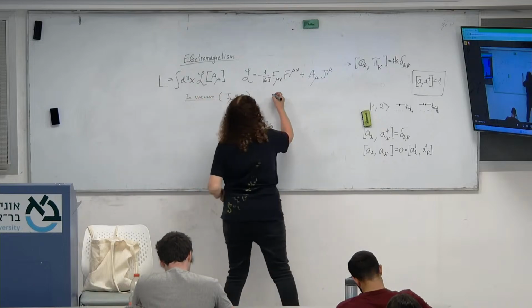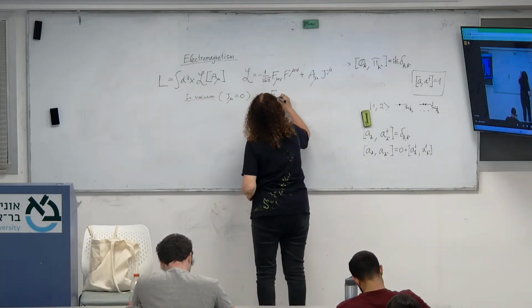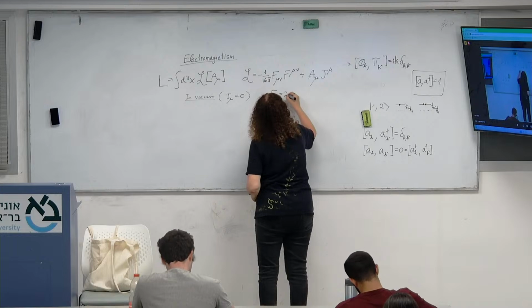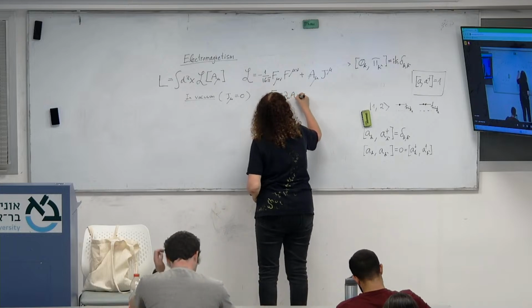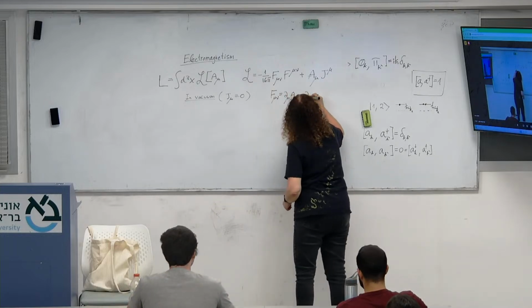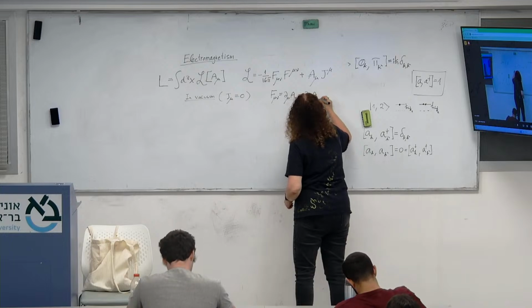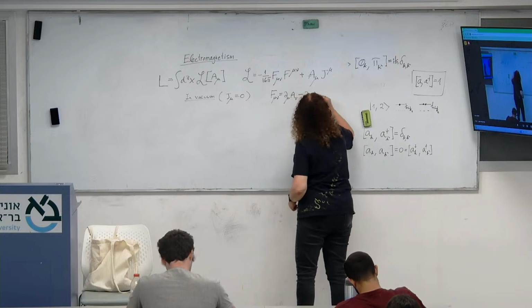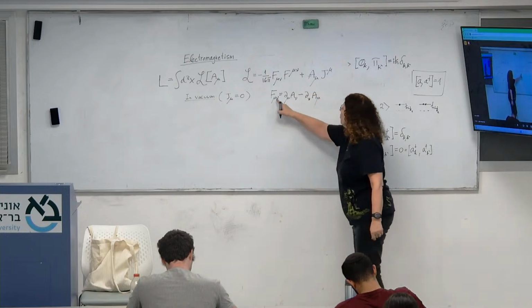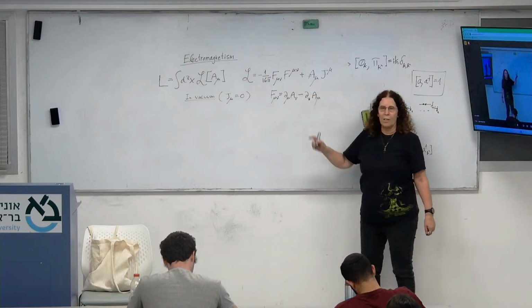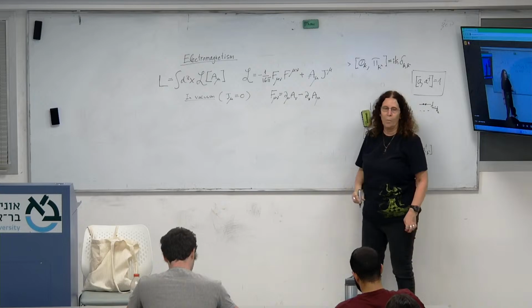Well, I remind you what F mu nu is. It's the anti-symmetric derivative of the 4-vector potential, where mu and nu are 4 indices, okay? Time and 3 dimensions of space.